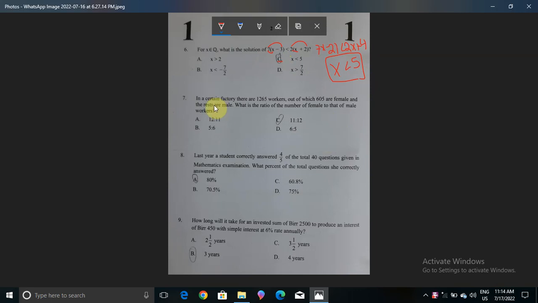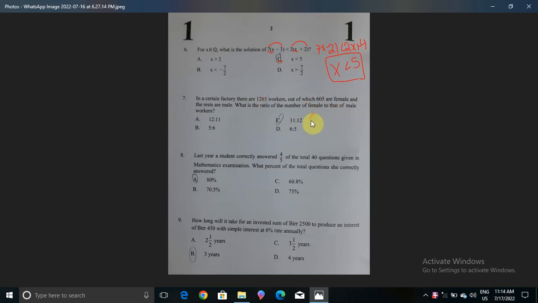Now question number 7. It says in a certain factory there are 1,265 workers, out of which 605 are female and the rest are male. What is the ratio of the number of female to that of male workers? So what we will do, we will subtract 605 from 1265.